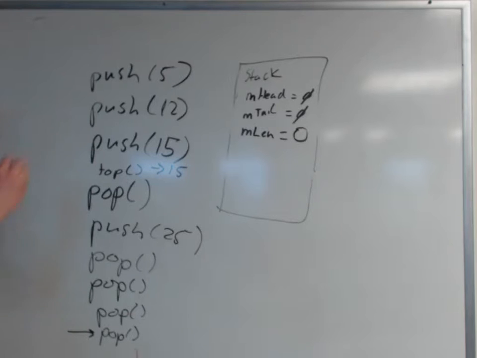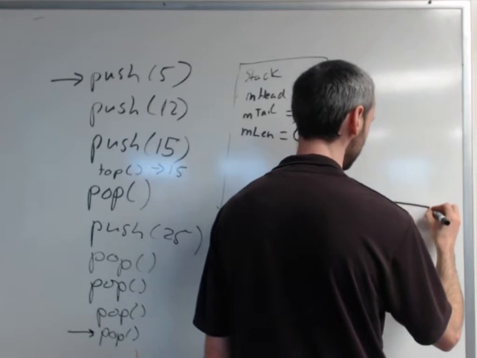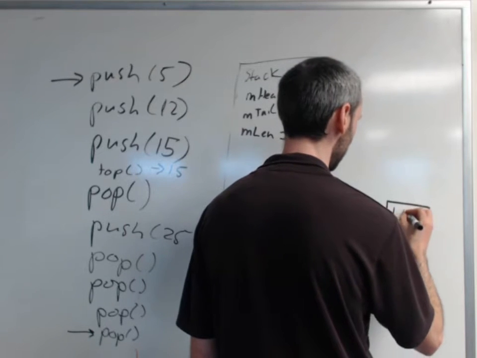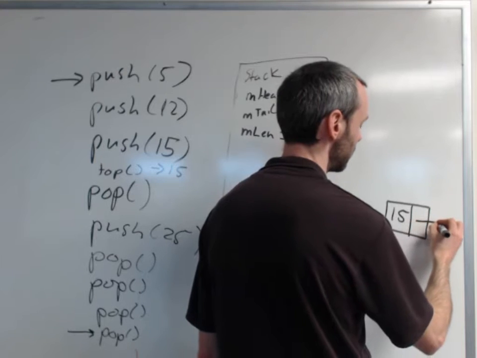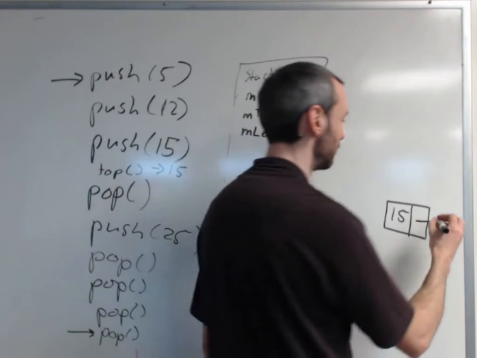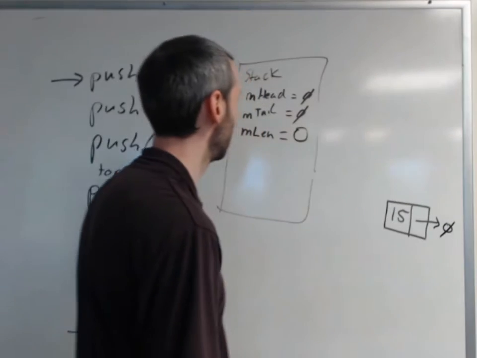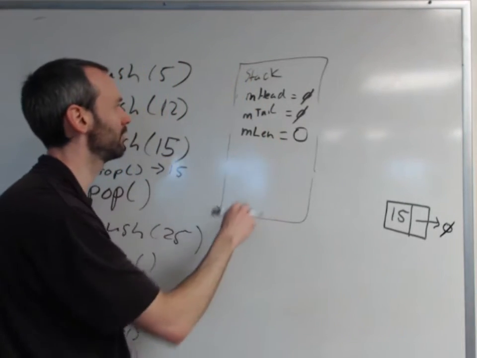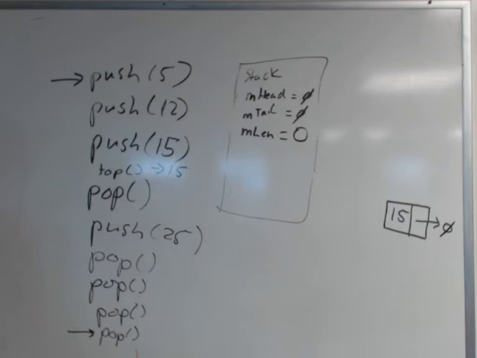All right, so we're pushing 15. What do we need to do? It's a linked list, so the first thing we need to do is create a node. 15, and it's going to point to null. Then increment the length from 0 to 1.